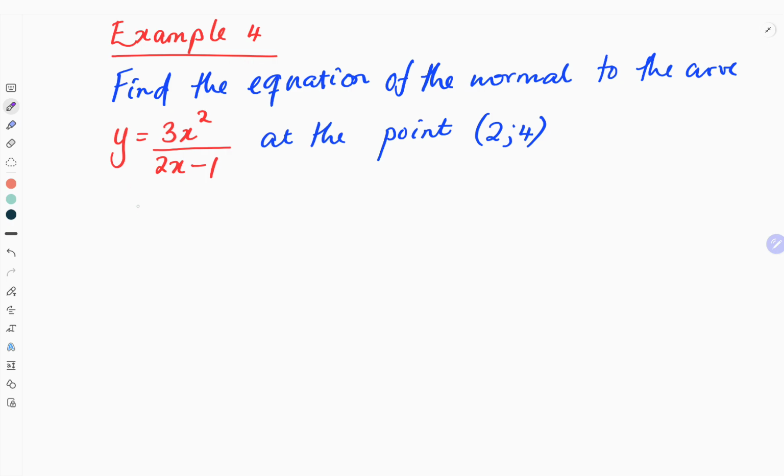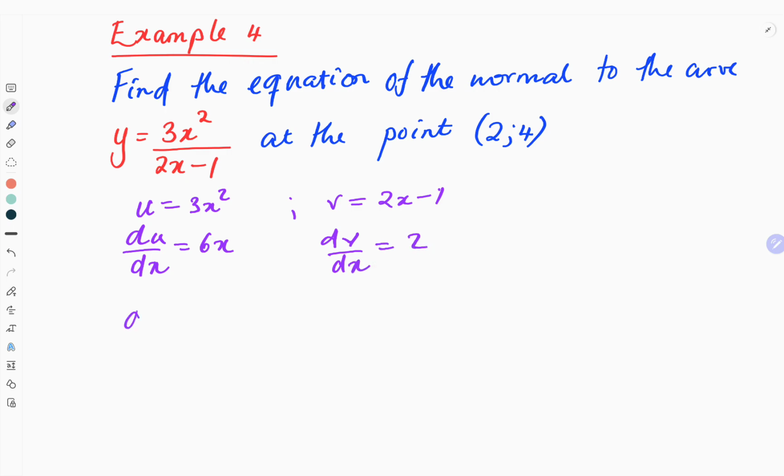So we need to first differentiate this function. This is the quotient rule again. So we say u is equal to 3x squared and v is equal to 2x minus 1. Deriving, du/dx is equal to 6x and dv/dx is equal to 2. Then remember, dy/dx with the quotient rule is equal to v du/dx minus u dv/dx, all divided by v squared.